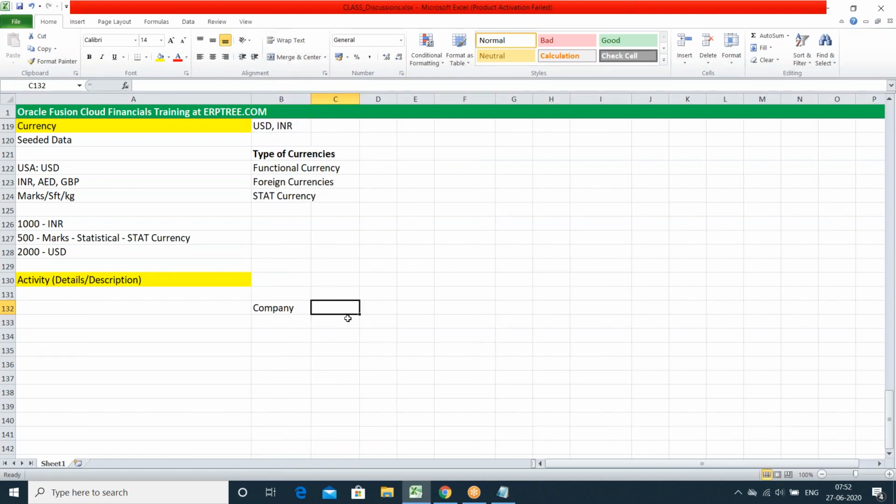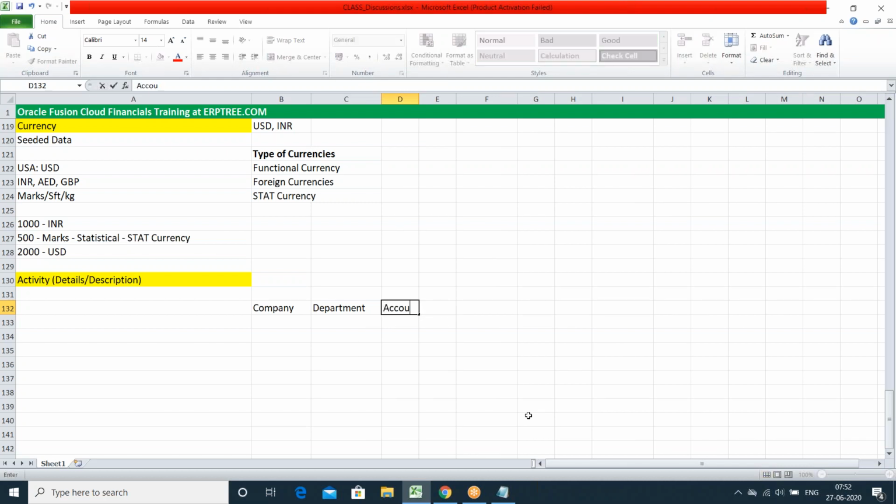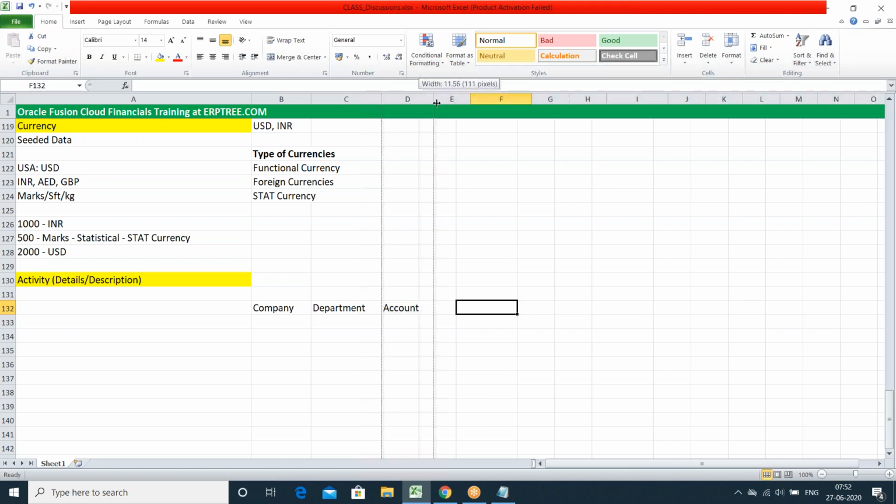When you are doing the implementation for any client, we have to list out how many companies the client has, how many departments they have, and what activities they do. It could be sales, purchases, etc. What activities they do, you can take as accounts. And you may also take the different locations in which they are operating the business.